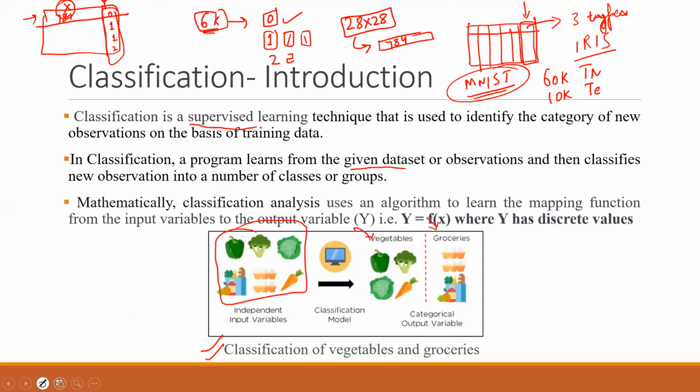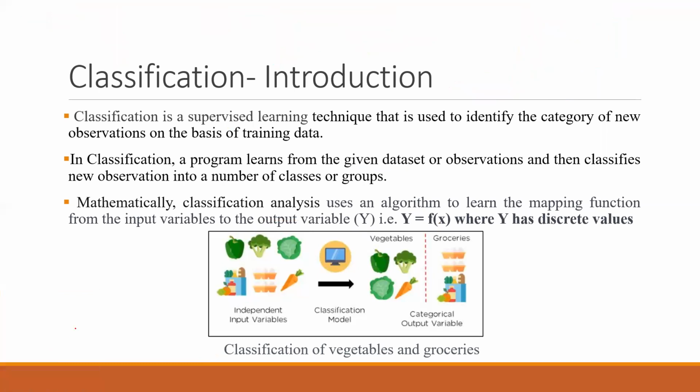Because this is supervised learning, it has to have the target value in the data set itself. So the naming will be there, that this image is of a vegetable, this image is of a vegetable, and this is a grocery item. That kind of thing will be there because it is supervised learning. But again, the function will remain y equal to f(x). You have to do the prediction based on the independent variables.